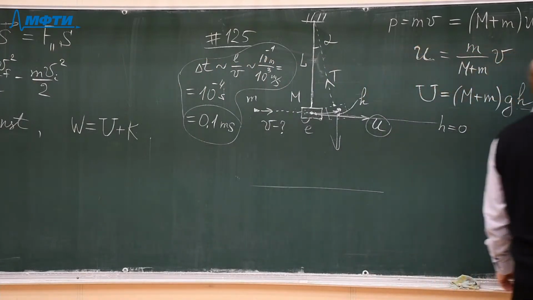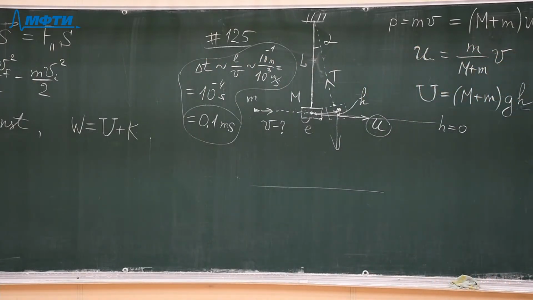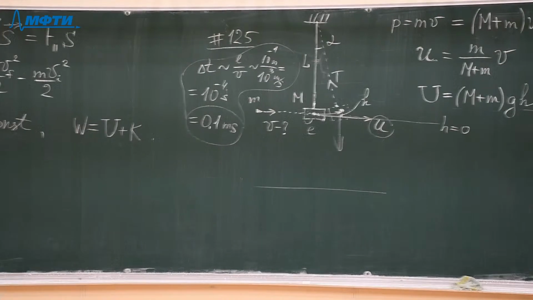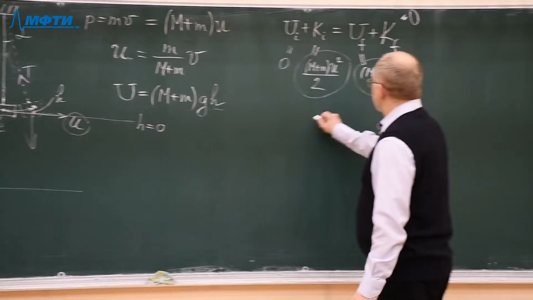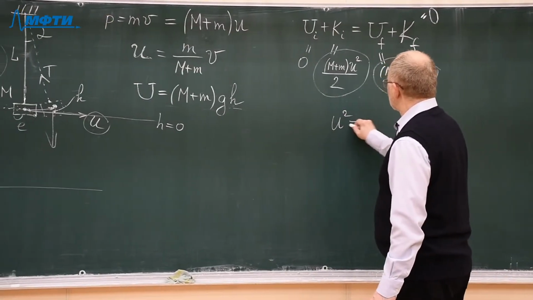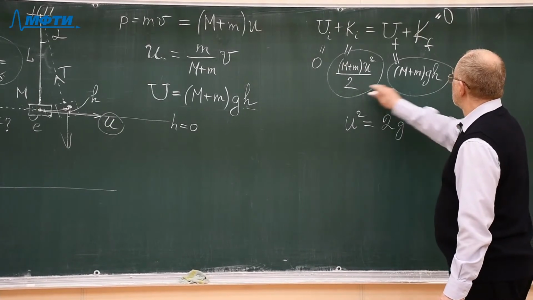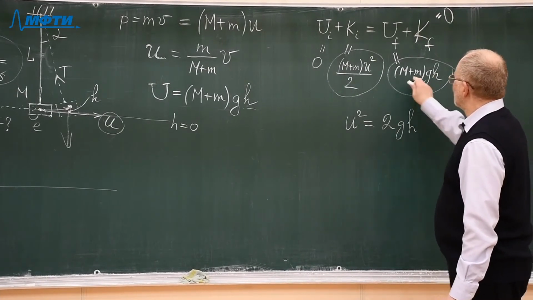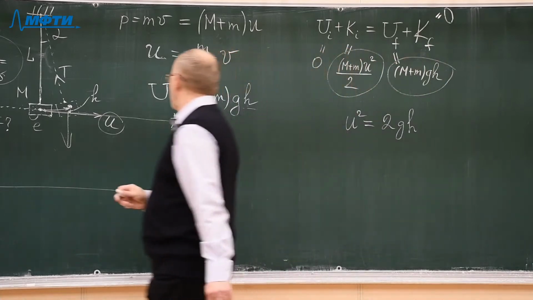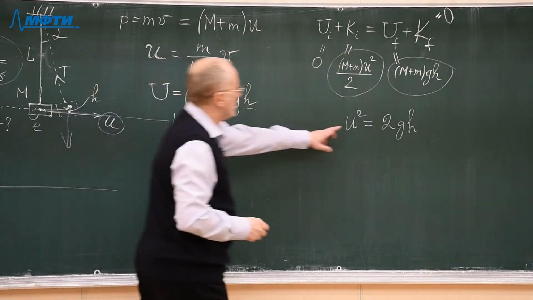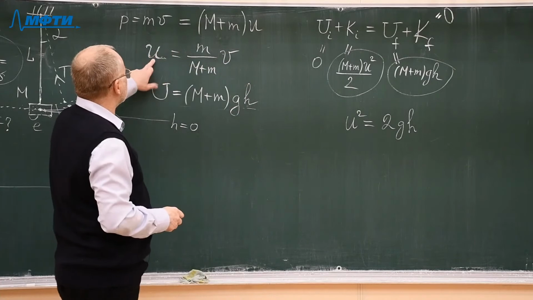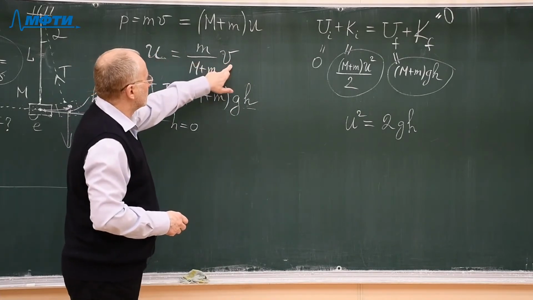So from the equation, the equality between these two terms, we can easily find that the velocity u squared equals 2gh, and the mass is cancelled. And the velocity u is related to the velocity of the bullet.